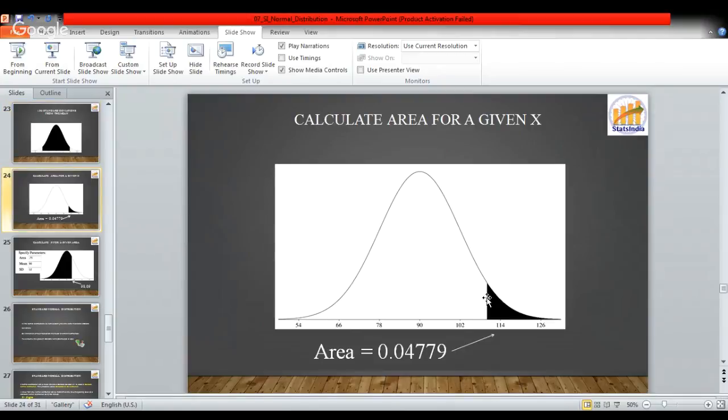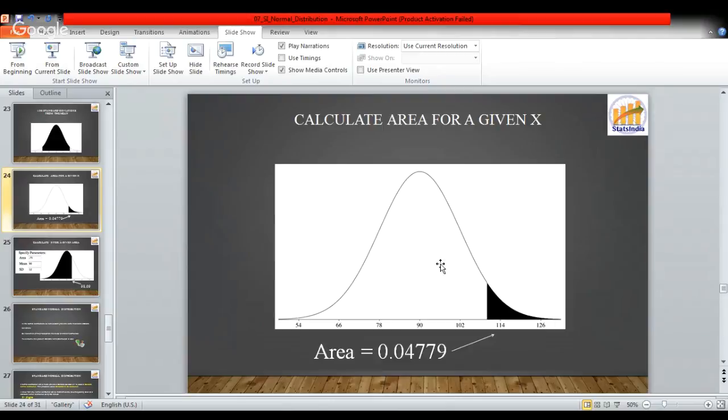Now, how to find the area for a given x? Suppose this is a given distribution and we want to find the area, or the probability, that the value of x is greater than 110. Please keep in mind two or three things. In the middle it is the mean, on the right hand side it is a plus value.